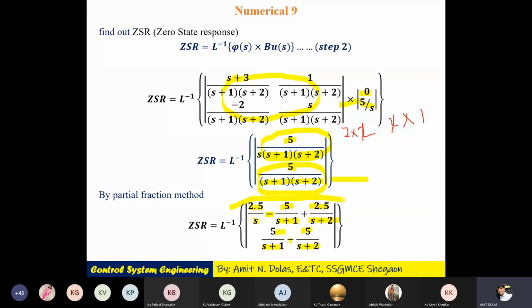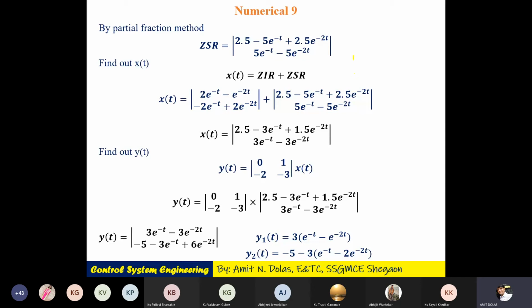So we obtain this in the partial fraction form because we have to convert this into the time domain now by taking Laplace inverse, and time domain will be e raised to power वाला term. So your ZSR Laplace inverse लेने के बाद, 2.5 upon s था, it will be converted into 2.5.